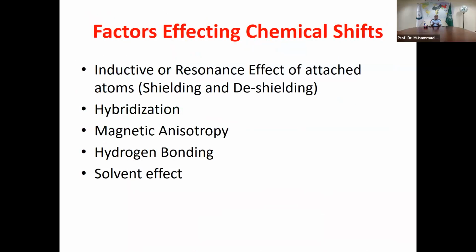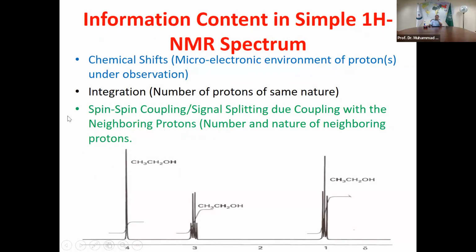Now, chemical shifts depend on the inductive effect or resonance effect of attached atoms. As you have seen in this case, the proton on OH, oxygen, is directly connected to oxygen, and therefore this is the most de-shielded one because electrons have been removed by the electronegative effect of oxygen.